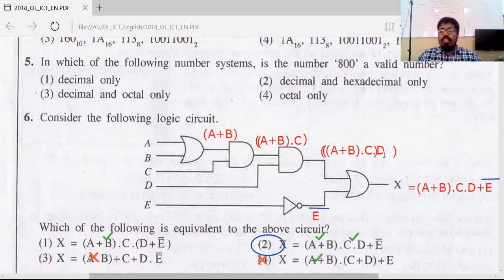So C into D will be like this. So A plus B dot C dot D plus E holding bar. So second answer option. That's the end of 2018 paper, question number 6 of part 1.